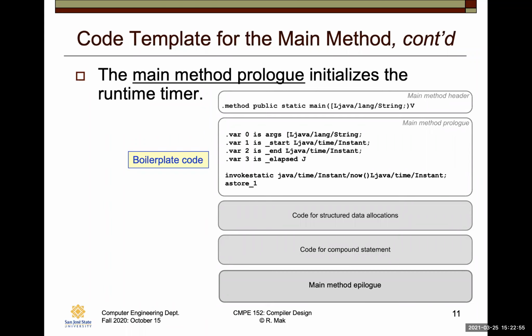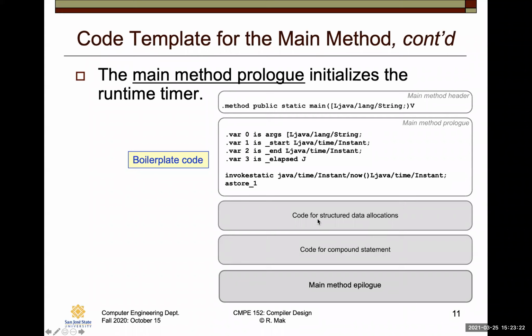This is coming out of the Java runtime library, and since this is boilerplate code, just spit this out verbatim and you'll be okay. Now if your program has arrays or records, we have to have code to allocate those arrays and records, and that's what goes in here. We'll look at this box later.